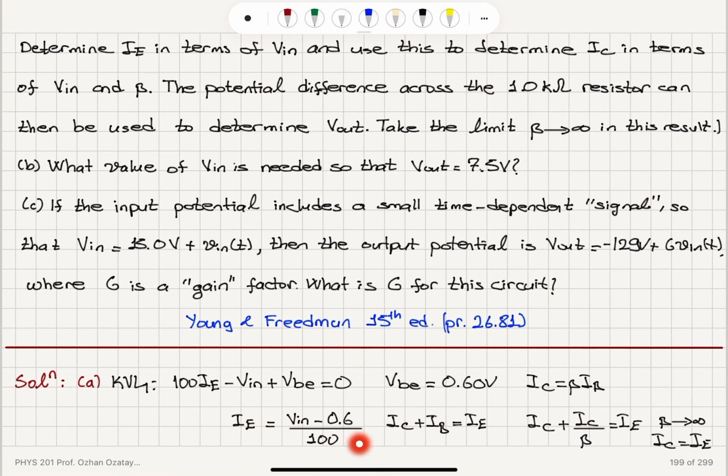So that gives me IE is V in minus 0.6 over 100. IC plus IB is IE, but IB is IC divided by beta. If beta is infinite, IC is equal to IE.